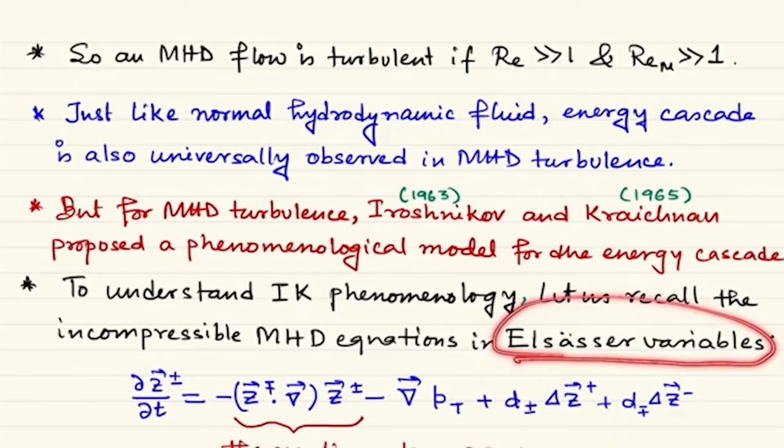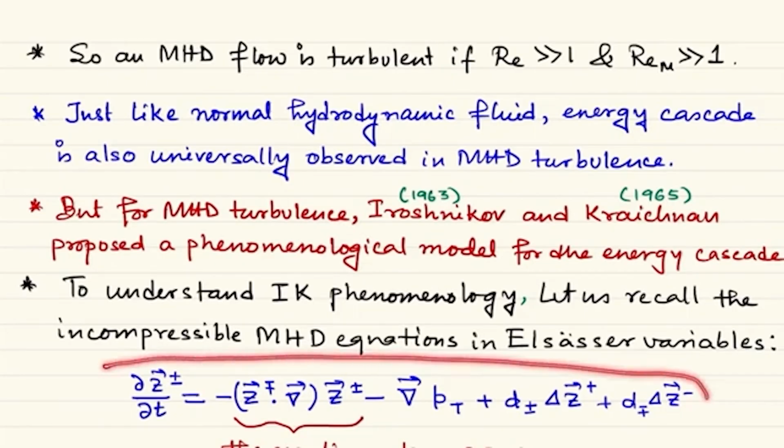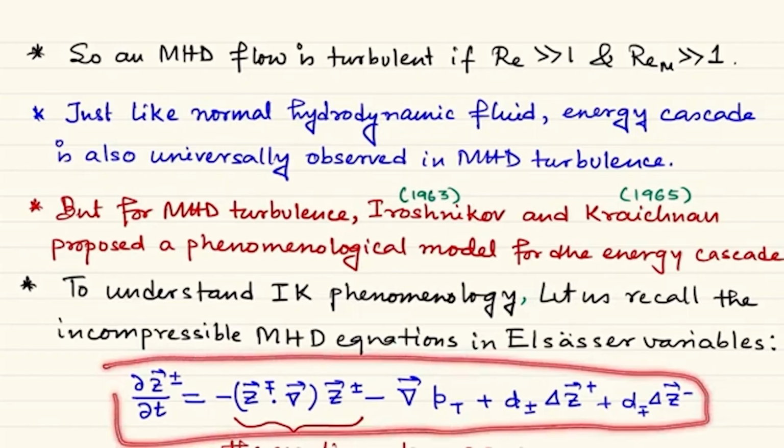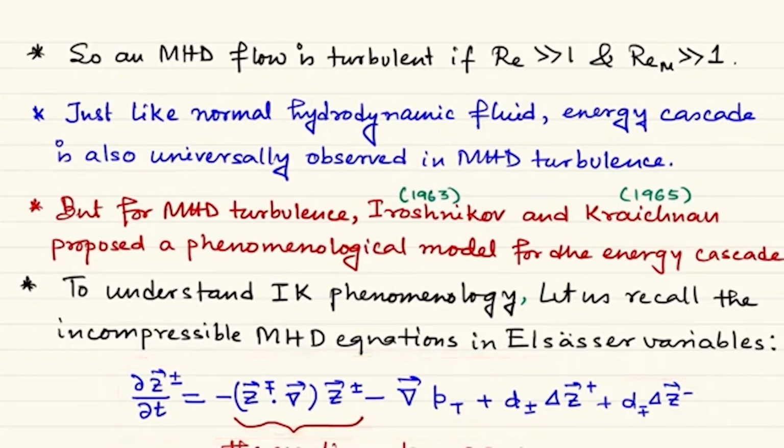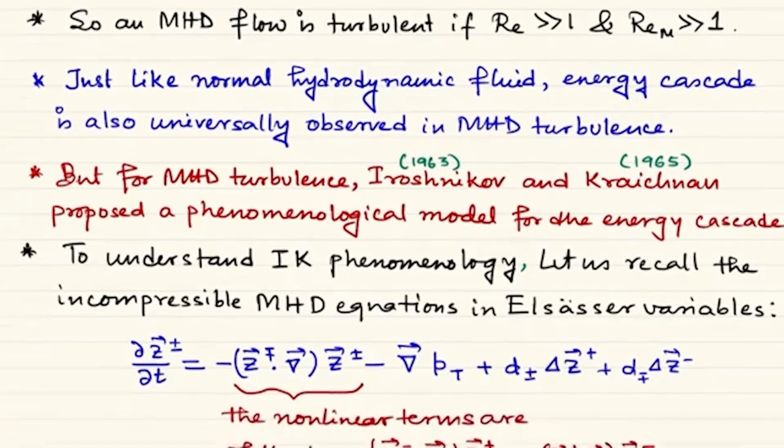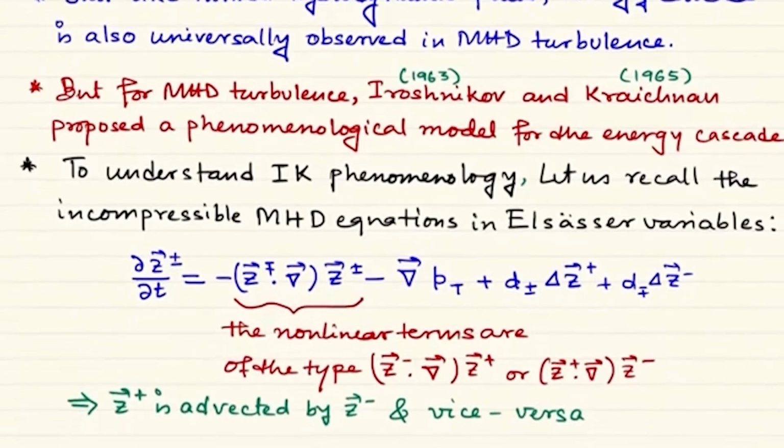Just remember, when I discussed Elsasser variables, I said that expressing the incompressible MHD equations in terms of Elsasser variables is actually useful when we study turbulence in MHD fluids, and that's exactly the case we are now discussing.